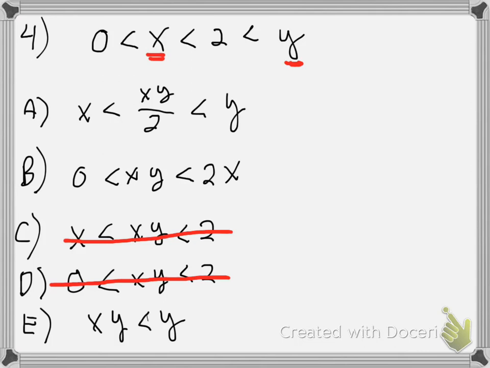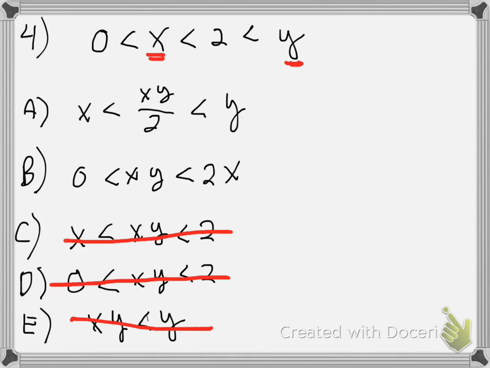Now, the other thing with our counterexample is if x is 1.9 and y is 456,000, 1.9 times 456,000 is almost 900,000. That's not less than 456,000, so right away, E is gone. Okay? Now, again, using our example, x is 1.9, y is 456,000.